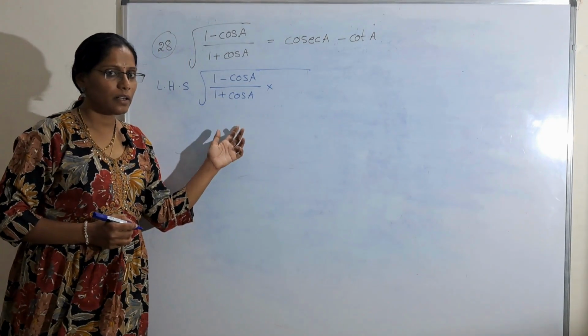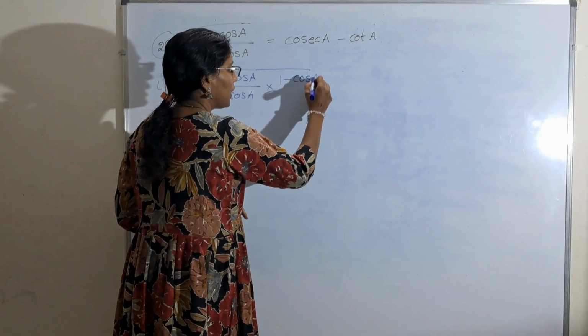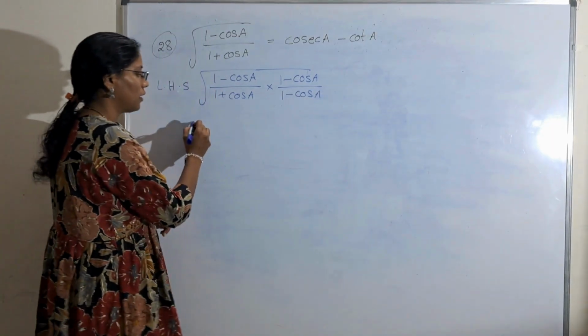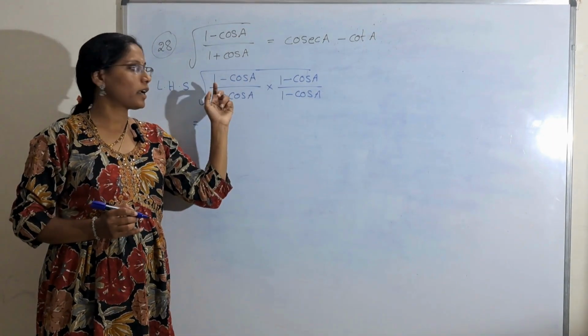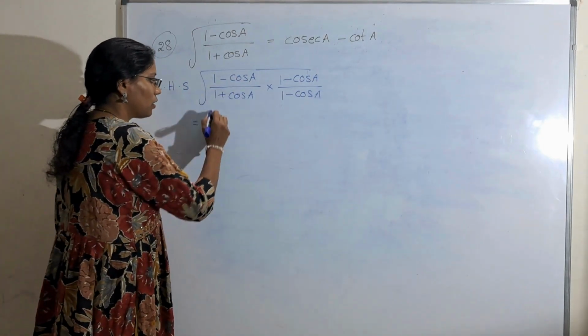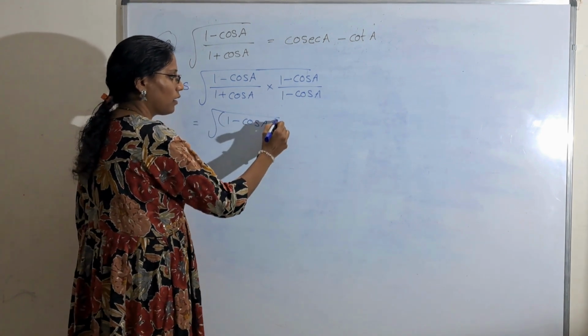Here we do denominator rationalizing: multiply by 1 minus cos A by 1 minus cos A. In the numerator, 1 minus cos A, 1 minus cos A, two times, so 1 minus cos A whole square.